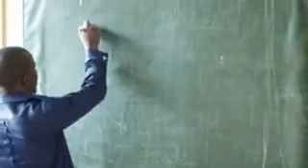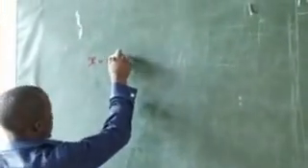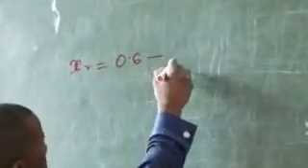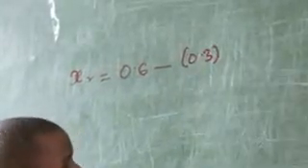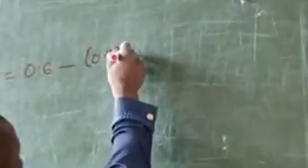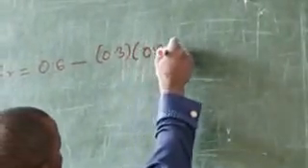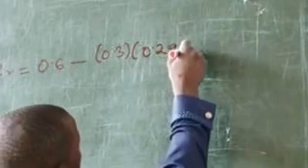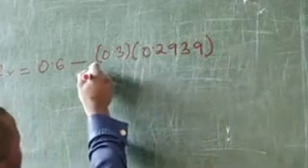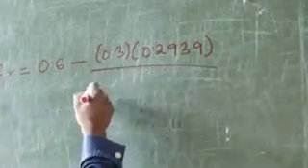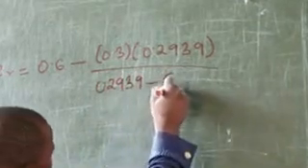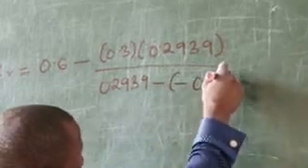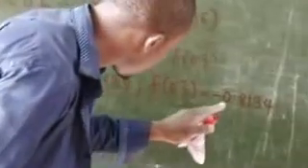Putting these values into XR, you have this. XR equals 0.6 minus 0.6 minus 0.3 gives you 0.3 times f of 0.6, of course, there you have it as 0.2939, divided by f of 0.6 again, you have 0.2939 minus, this becomes minus 0.8134.